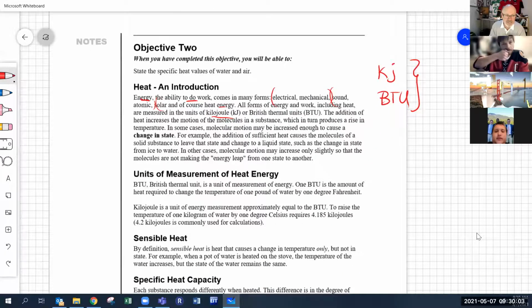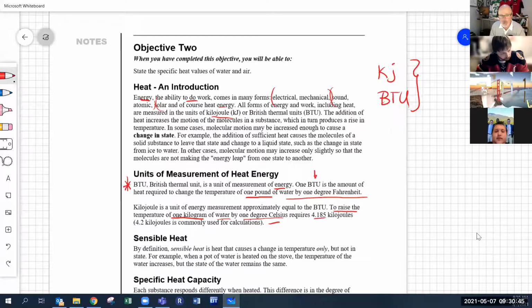So here is the definition of a BTU. It is a unit of energy, and 1 BTU is the amount of heat required to change 1 pound of water by 1 degree Fahrenheit. That is the definition of a British thermal unit. The metric equivalent to the BTU uses kilojoules, and it's the amount of energy to raise 1 kilogram of water by 1 degree Celsius.